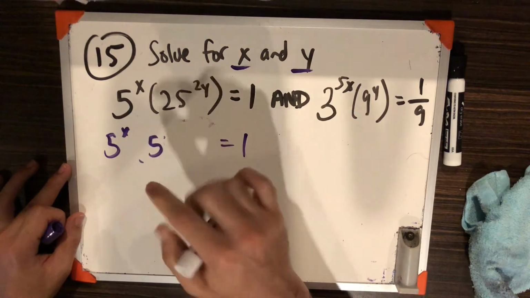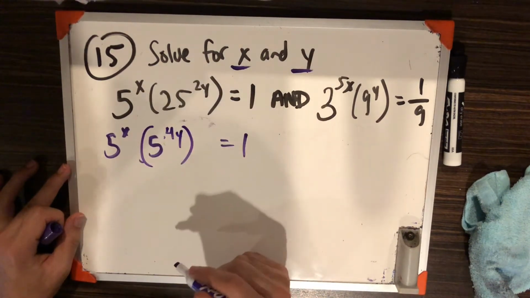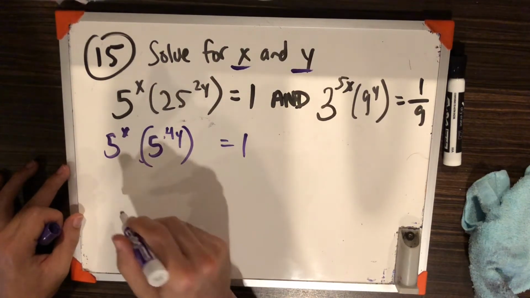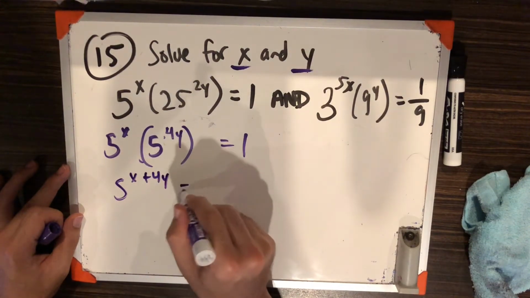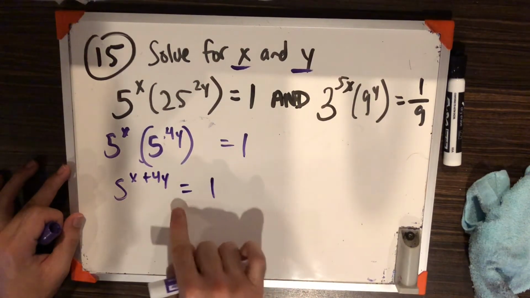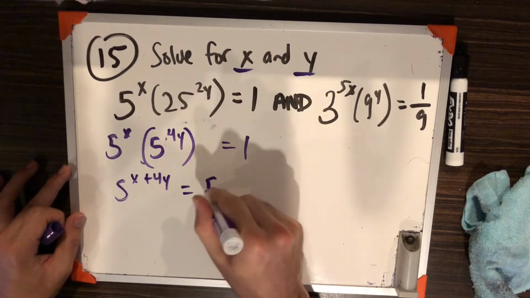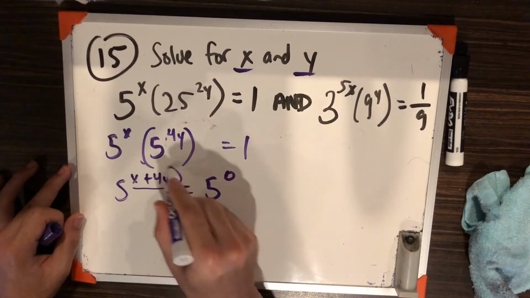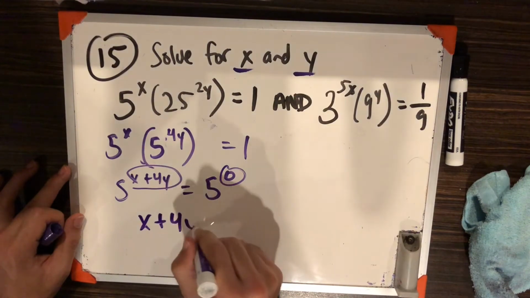So let's change that up: 4y. Base of 5, I can add this and this together. So 5 to the x plus 4y is equal to 1. Again, how can I change this to base of 5? All I can say is 5 to the 0 power. So now I know x plus 4y is equal to 0. That would be my first equation.